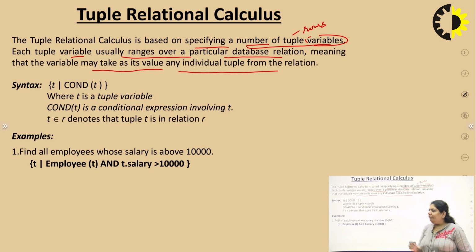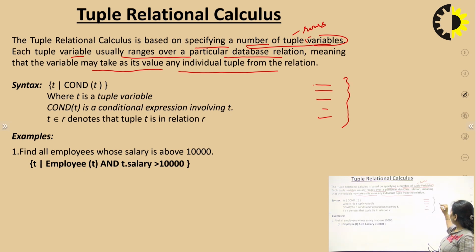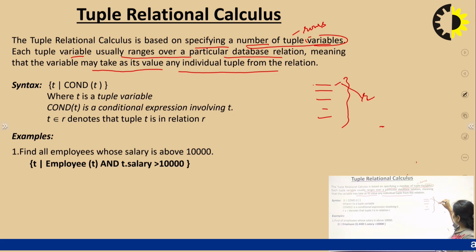Suppose you have a number of rows and you have dedicated a variable r to these rows. The value of r can be taken from any of these rows; it can be this row, this row, or this one. That means the value of r depends upon the kind of row you want to fetch. So here is the syntax.